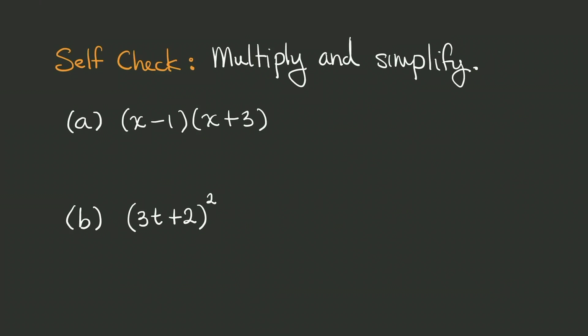Let's check for understanding. Pause the video and work this one out on your own, and then come back and check your answer. We'll use the FOIL method for part A. We'll multiply the first term in each of the two binomials. That will give us x squared. Then we'll multiply the first and the last. That's going to be the outer terms, and so that'll give us x times 3, or 3x.